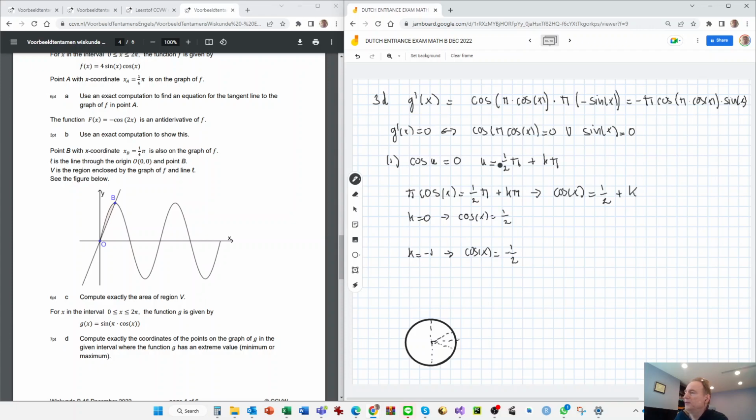So that's basically 2 pi minus pi over 3. So x is 1 over 3 pi, or x is 2 pi minus 1 over 3 pi. This is 6 over 3, that's 5 over 3 pi.